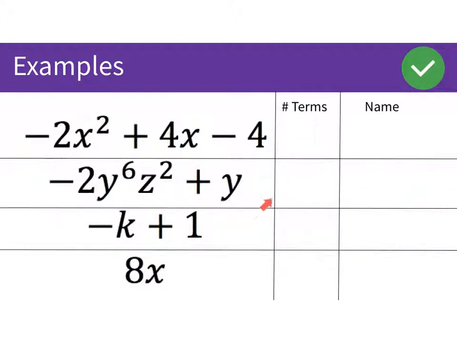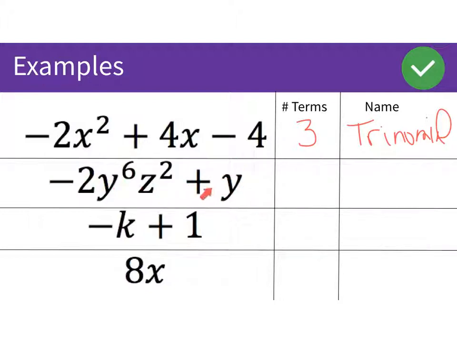So on this slide, let's check to see your understanding. How many terms does this have? Write the number there. And what is that called when you have that many terms? Hopefully you said it has 3 terms and it's called a trinomial. And the next problem, how many terms does that have? There's quite a bit of stuff going on here. But it's actually only 1 term plus another.